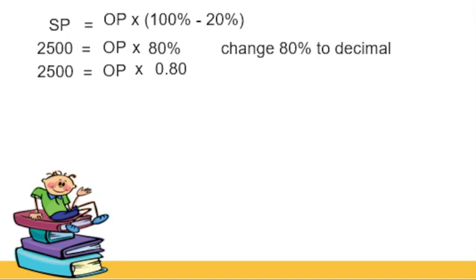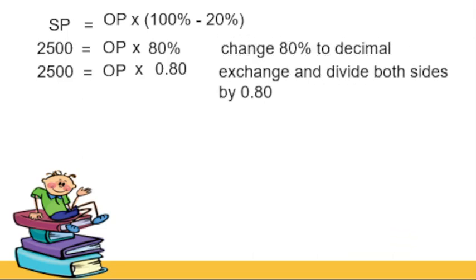And then, since the unknown or the original price is on the right, we can change the position of the two numbers. So we can write the given to the right, and then the one with the unknown is on the left side.